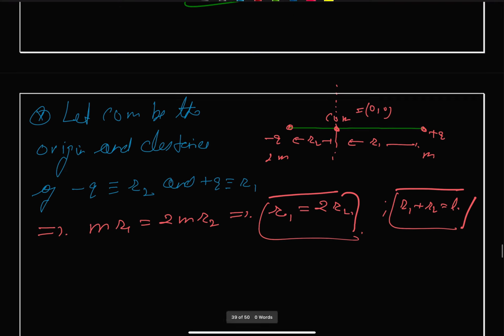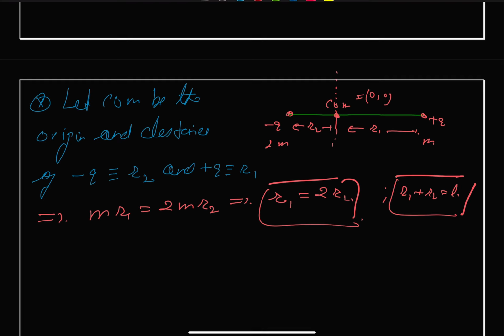From here, R1 will be equal to 2L by 3 and R2 will be equal to L by 3.